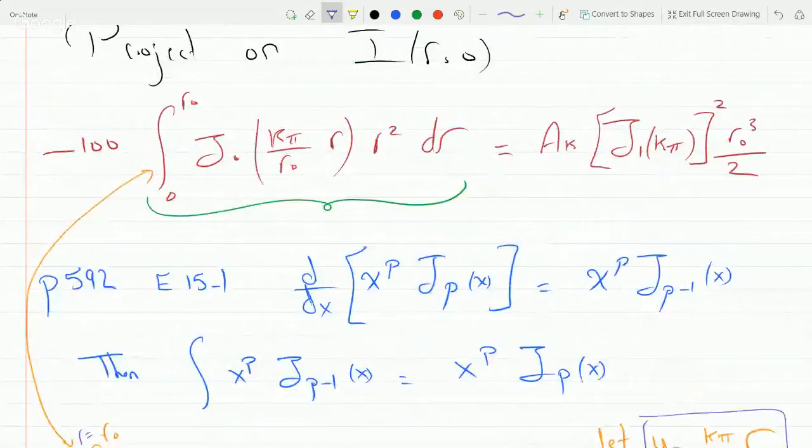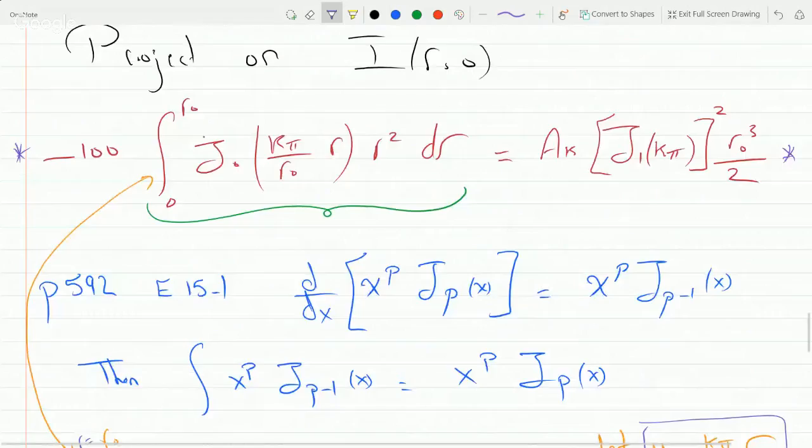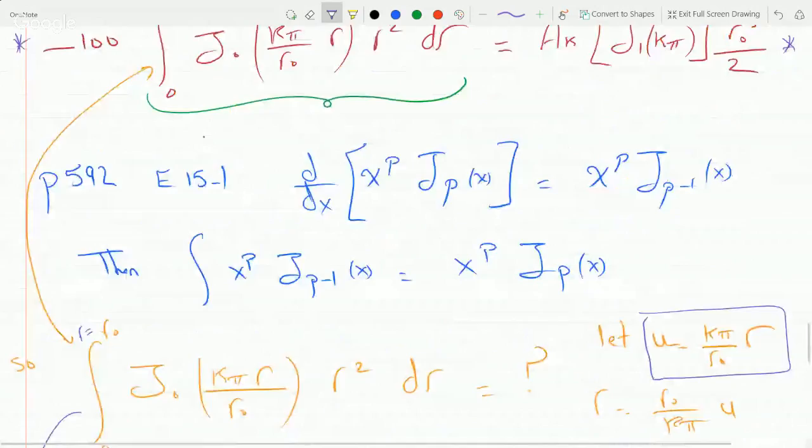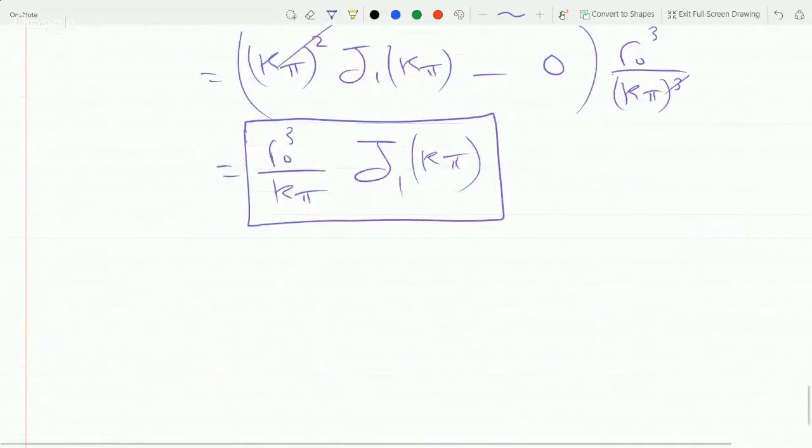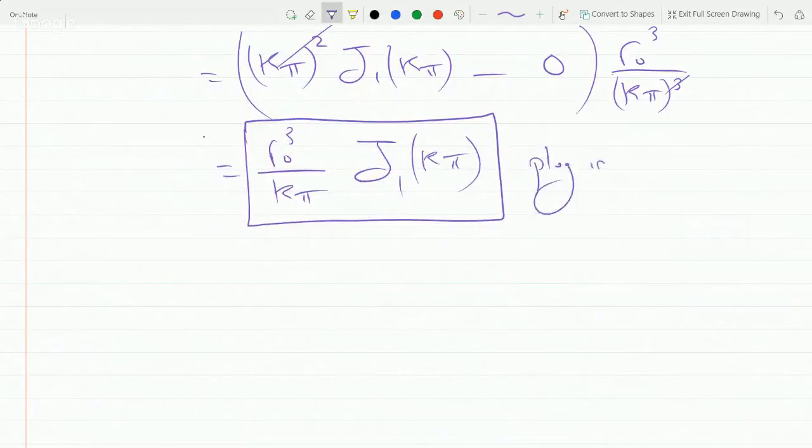Okay, so now I will go back to this red one here, and I will plug in the answer. Let's call this equation A. So plug in A. We have minus 100 multiplied by r0 cubed over k pi j1 of k pi.